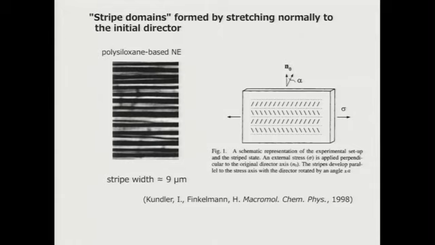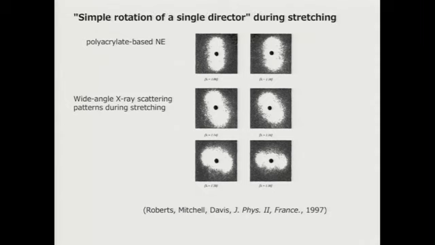And this was reported by the group of Finkelmann. But the group of Mitchell also did the same type of experiment using a different type of material, but they did not observe the stripe domains. They observed the simple rotation of a single director. Okay? So the situation seems very complicated.